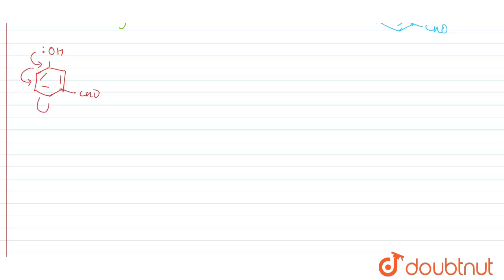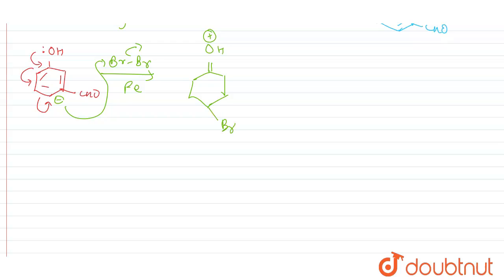This will go over here, this will come over here, which results in the formation of a negative charge on this para position. And the bromine atom in the presence of iron will attack this and result in the removal of this, and we'll have the structure OH, positive, here a Br group, and one hydrogen will be present.